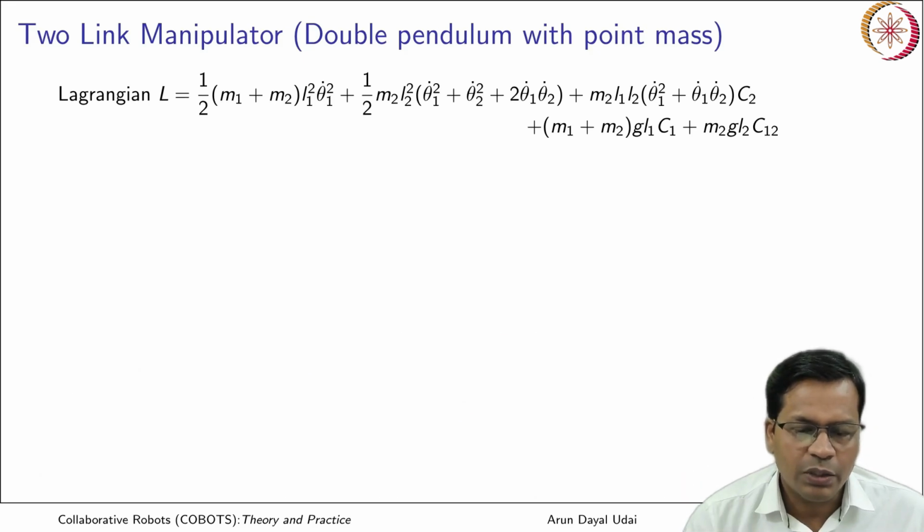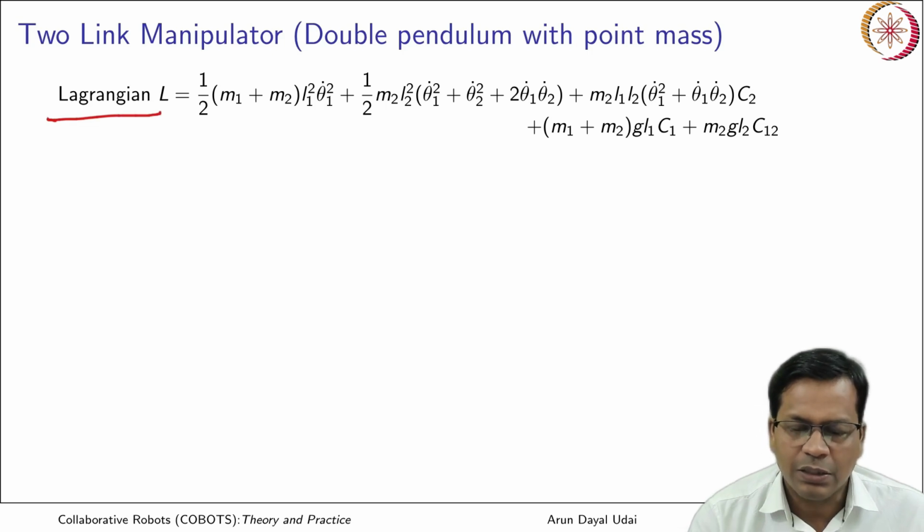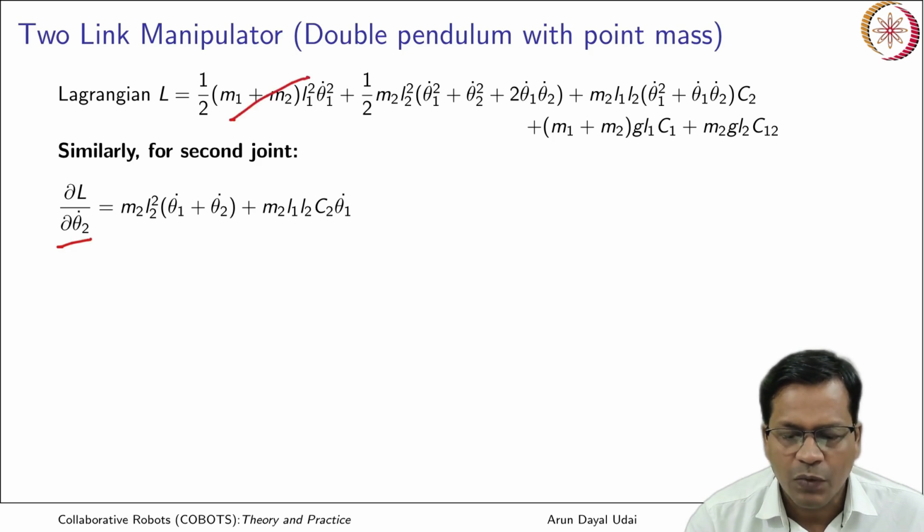Similarly for the second joint I will use the same Lagrangian here, that is the system Lagrangian. Take the partial derivative with respect to theta 2 dot. Again this time I will neglect all the terms that have theta 1 dot. Okay. So all the terms which have theta 1 dot will go away.